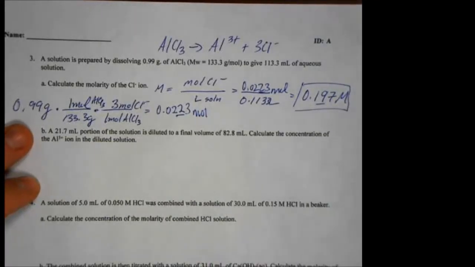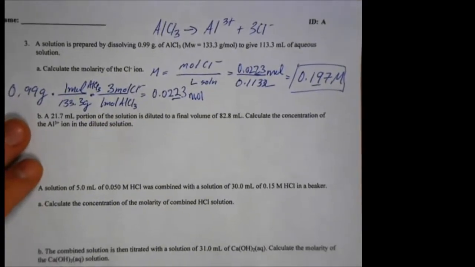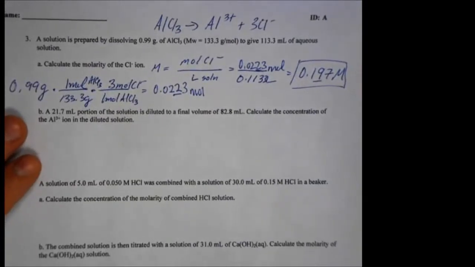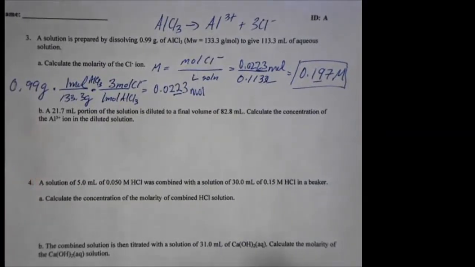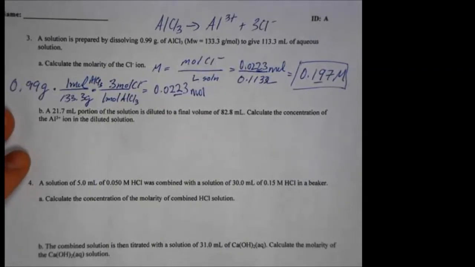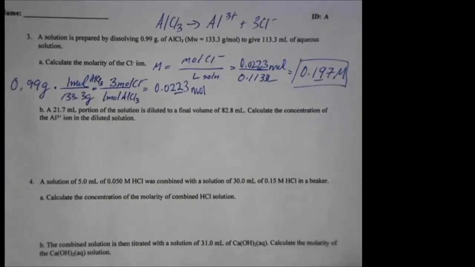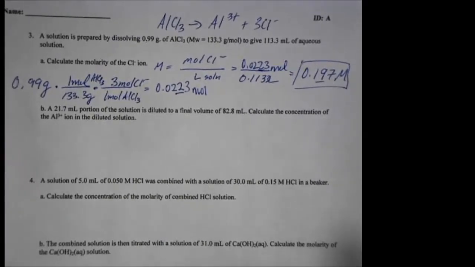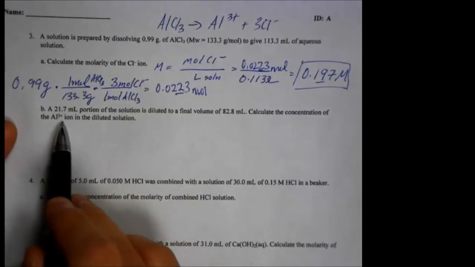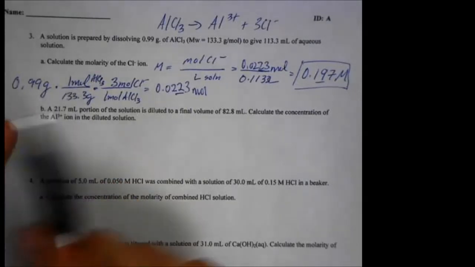Okay, so now the second part of this question is a dilution problem, where we take some amount of that initial solution and we dilute it to 82.8 mLs. Calculate the concentration of the aluminum ion in solution. So there's a couple of different ways you can start this problem, but what I would do first is figure out the concentration of my aluminum ion in the solution before we do the dilution.